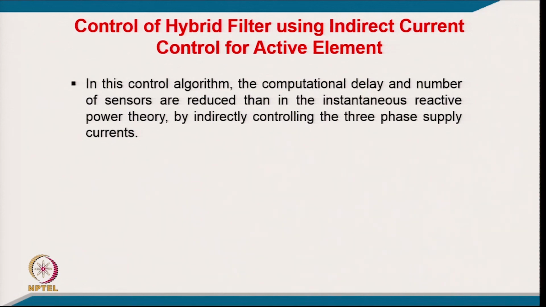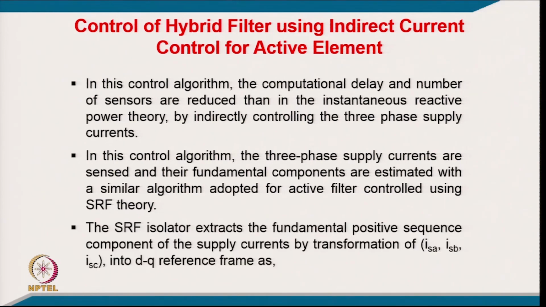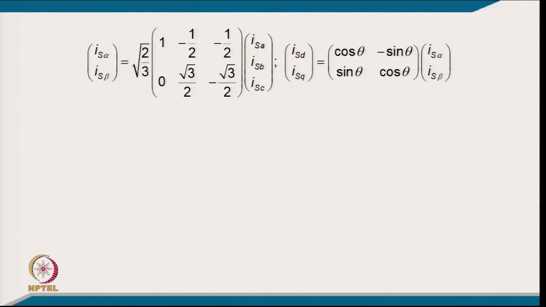In this control algorithm the computational delay and number of sensors are reduced compared to the instantaneous reactive power theory by indirectly controlling the 3 phase supply current. In this control algorithm the 3 phase supply currents are sensed and their fundamental components are estimated with a similar algorithm adopted for active power filter control using synchronous reference frame theory. The synchronous reference frame theory extracts the fundamental positive sequence component of supply current by transformation into the DQ reference frame.